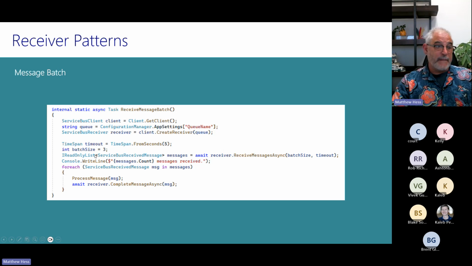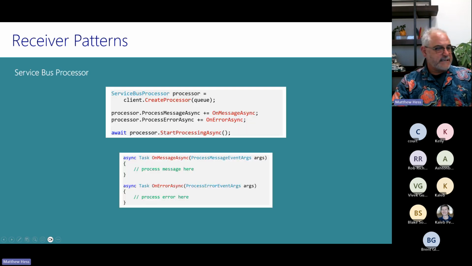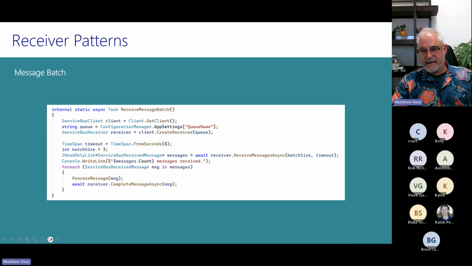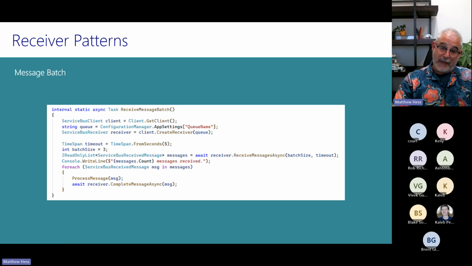So you can build a message pump that is batch-based, but there's a gotcha. I thought I had a slide for it, but I don't. When you call receiver.ReceiveMessagesAsync, if you're using peek locks, the peek lock timer starts for every message.